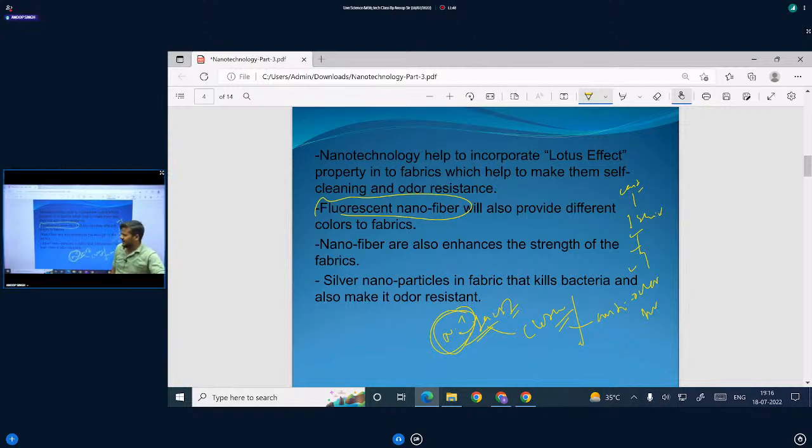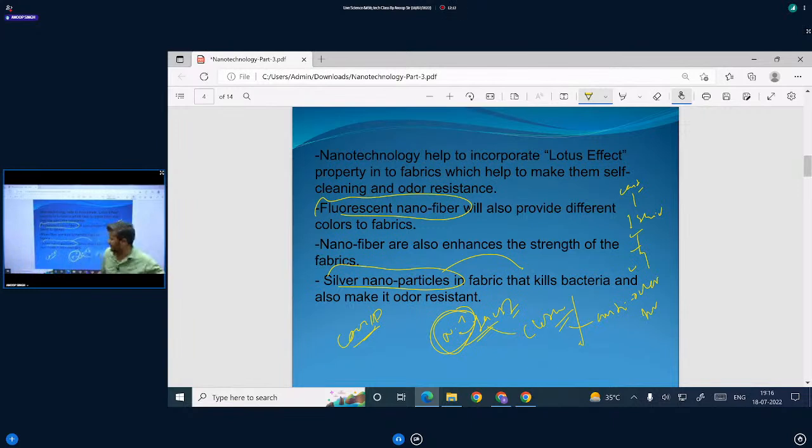And if there are silver nanoparticles in the fabric, they will also help to kill microorganisms. Especially nowadays, you know very well, the COVID virus is spread in the environment, in the air also.